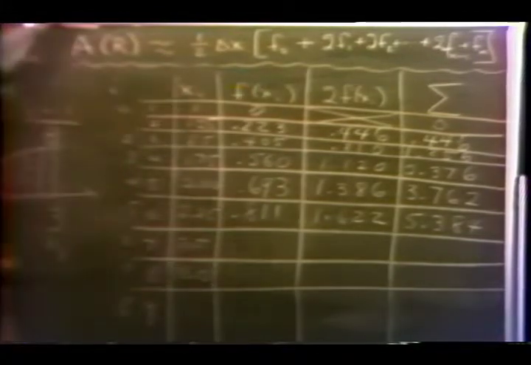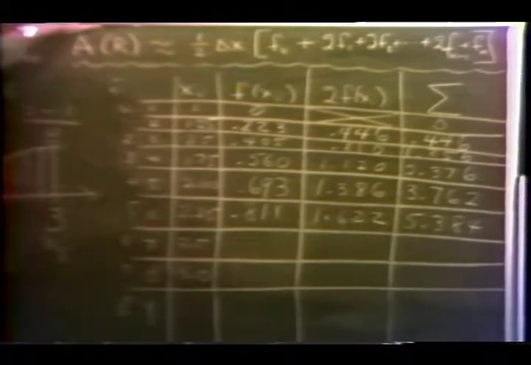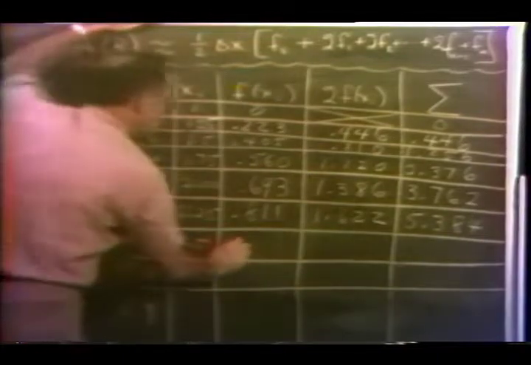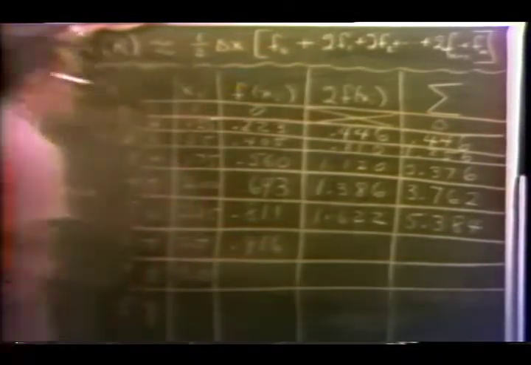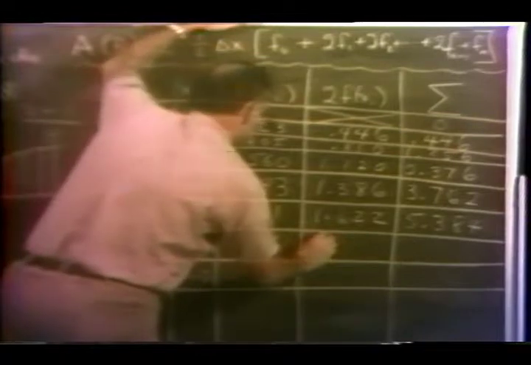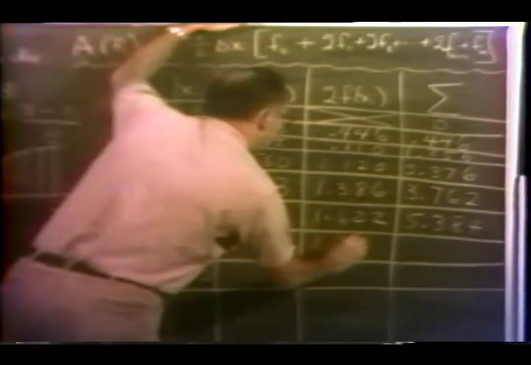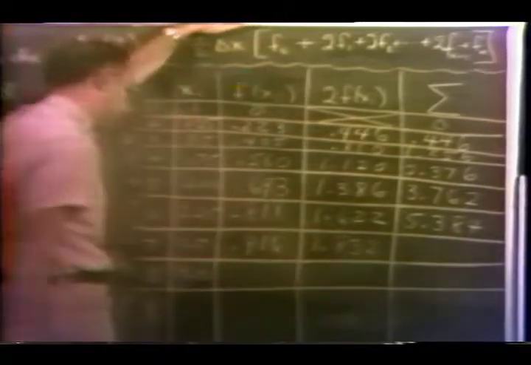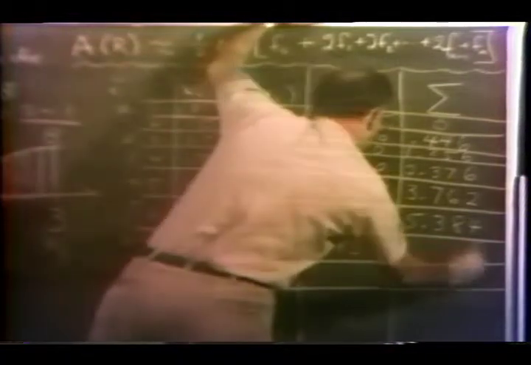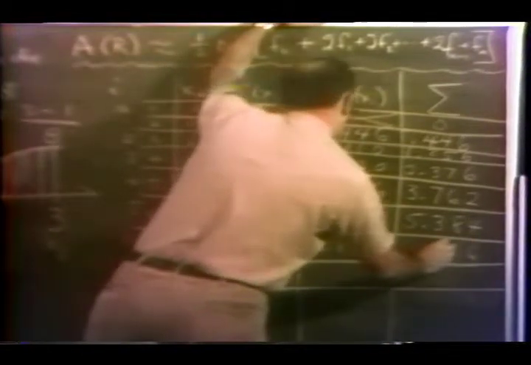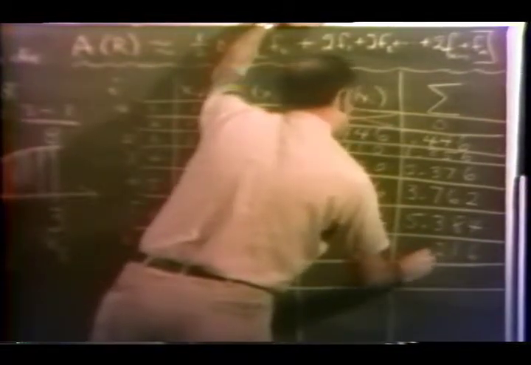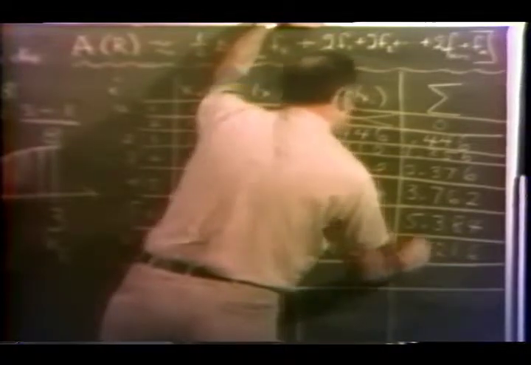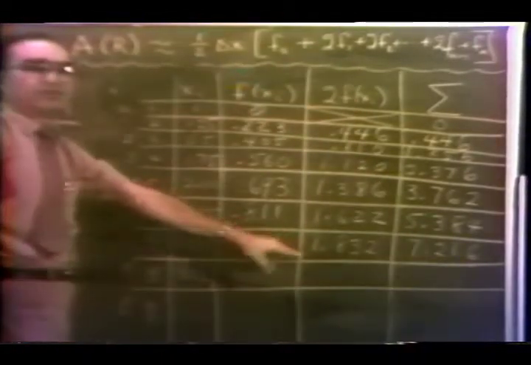Now 2.5 is 0.916. Double that, which is 1.832. Add that on here, and you have about 7.2. Check me on that.